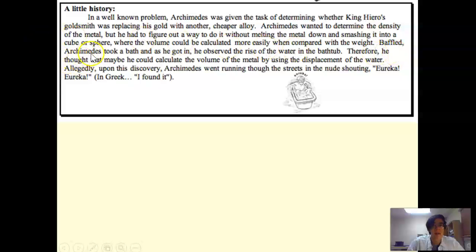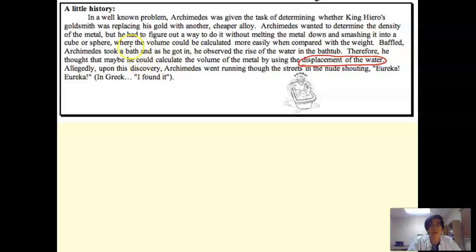Baffled, Archimedes took a bath, and as he got in, he observed the rise of the water in the bathtub. Therefore, he thought that maybe he could calculate the volume of the metal by using the displacement of water. Okay, displacement of water. So, allegedly, upon this discovery, Archimedes went running through the streets in the nude, shouting, "Eureka, Eureka!" In Greek, I found it.